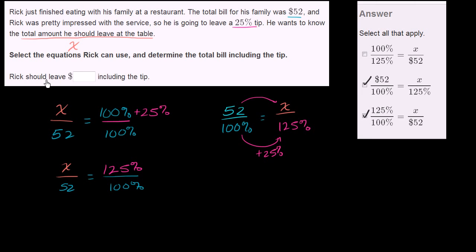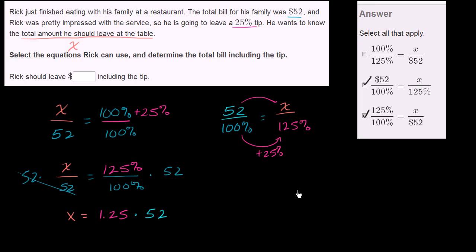But either way, our last thing to do is actually to figure out how much Rick should leave. So we need to actually solve for X. And we could go back to this original equation here. If we multiply both sides by 52, we get X is equal to 125% divided by 100%, which is 1.25, times 52.